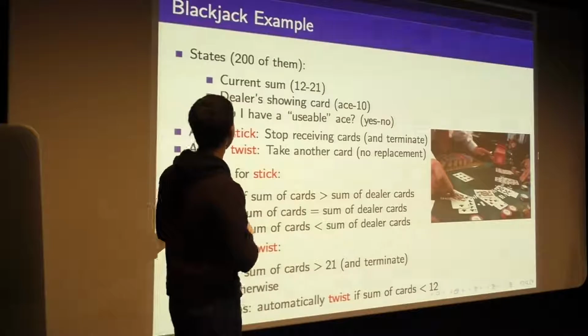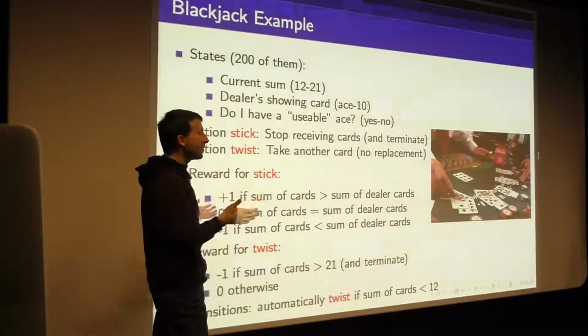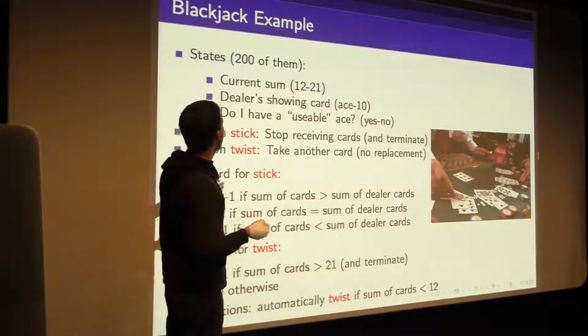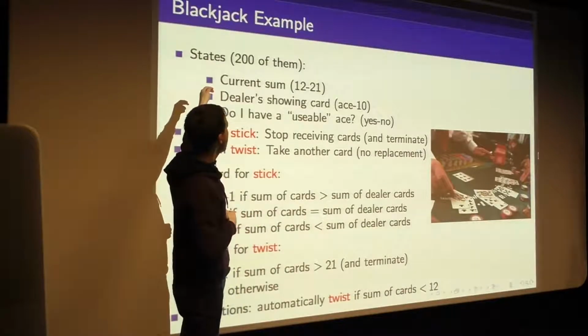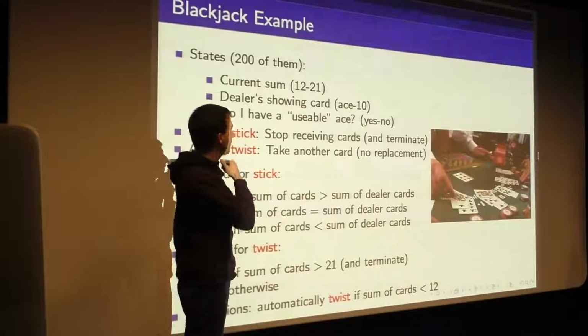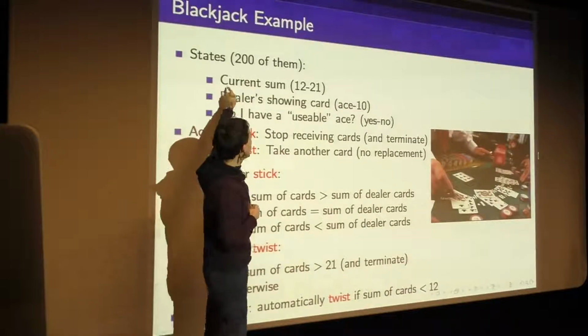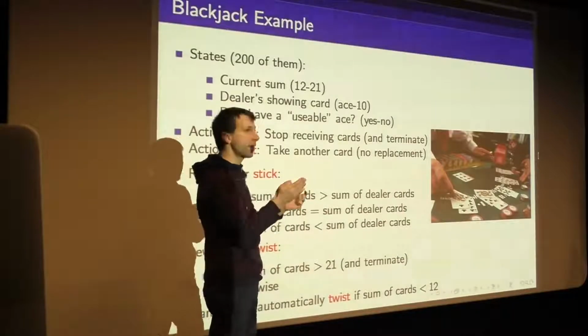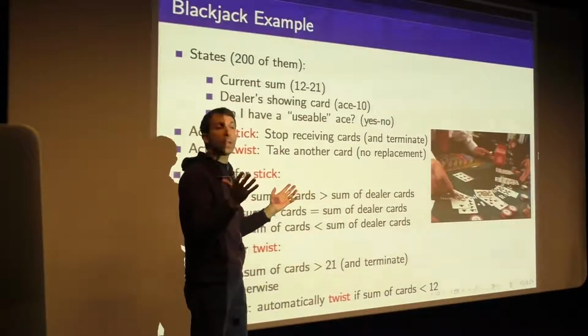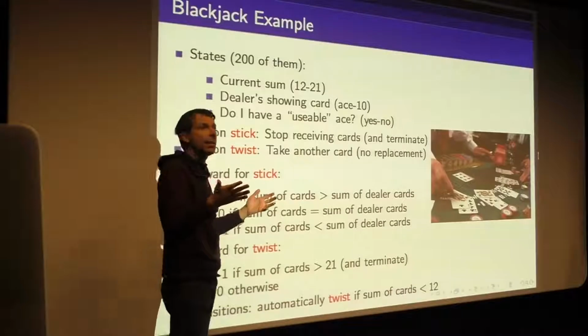Good. Okay. So the way we're going to represent this, we're going to represent it as an MDP, and we're going to treat the state as having basically 3 different variables in the state space. First variable is the current sum of our cards. So if we've got 3 cards and the sum of those cards is 17, we're going to say we're in a state with a sum of 17.